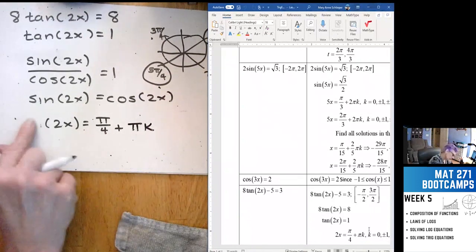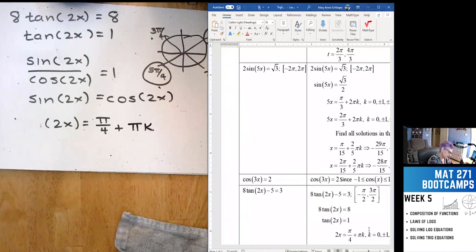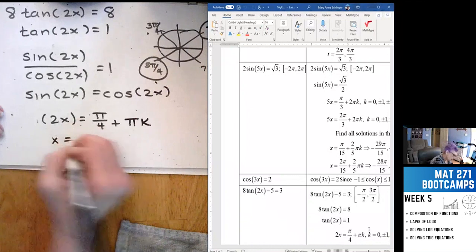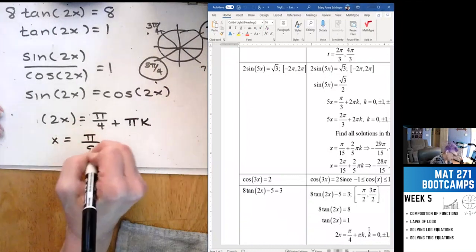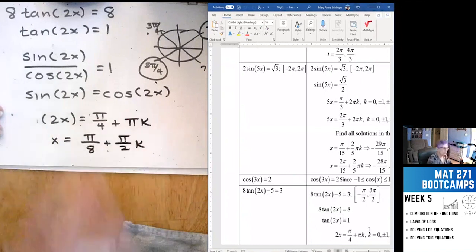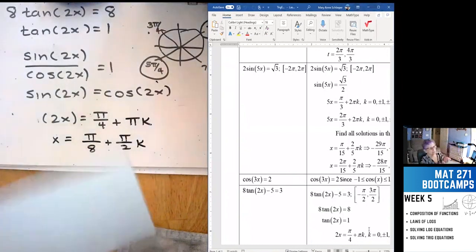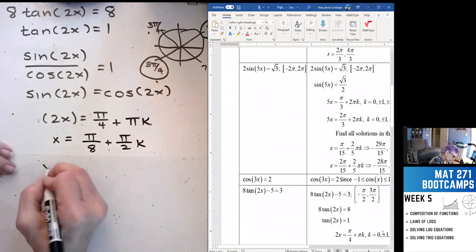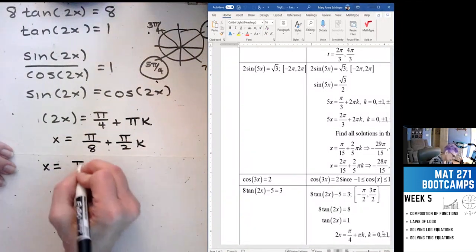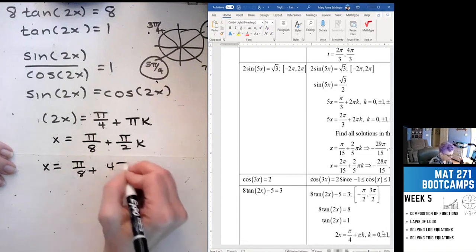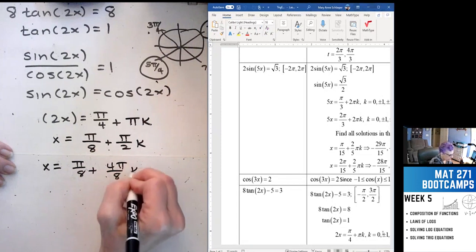So that should be 2x is equal to pi over 4 plus pi k. So x is pi over 8 plus pi over 2 k. So x is equal to pi over 8 plus 4 pi over 8 k.